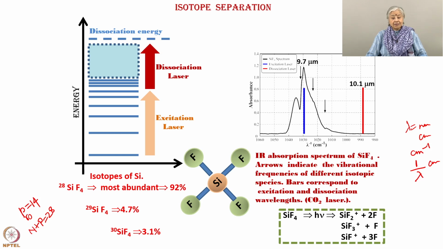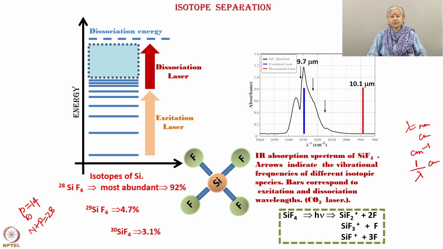When did people start trying to do isotope separation? When they wanted to separate uranium. Uranium 235 was the push point when they started calling it isotope separation. Before that, it was multiphoton dissociation.